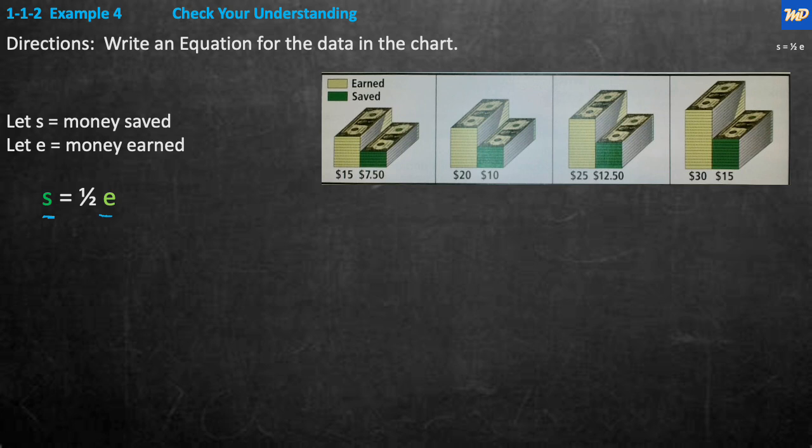Well, if you earn 20 and you save 10, you're saving half your money. If you earn 25 and save 12.50, you're saving half your money. 30 and 15, that's half your money. And back to the original one, 15 and 7.50, you're saving half your money. So the amount saved is equal to 1/2 of what you earned. And there's your equation.